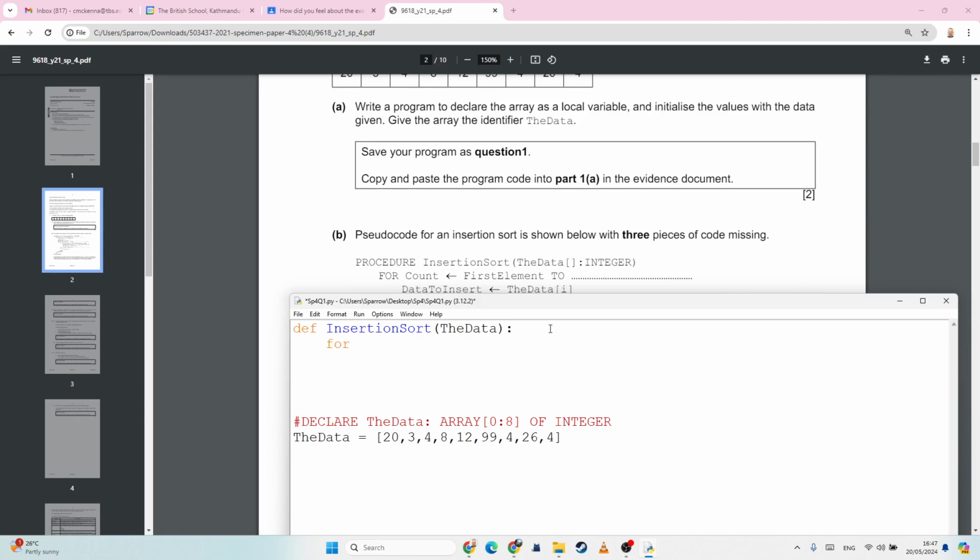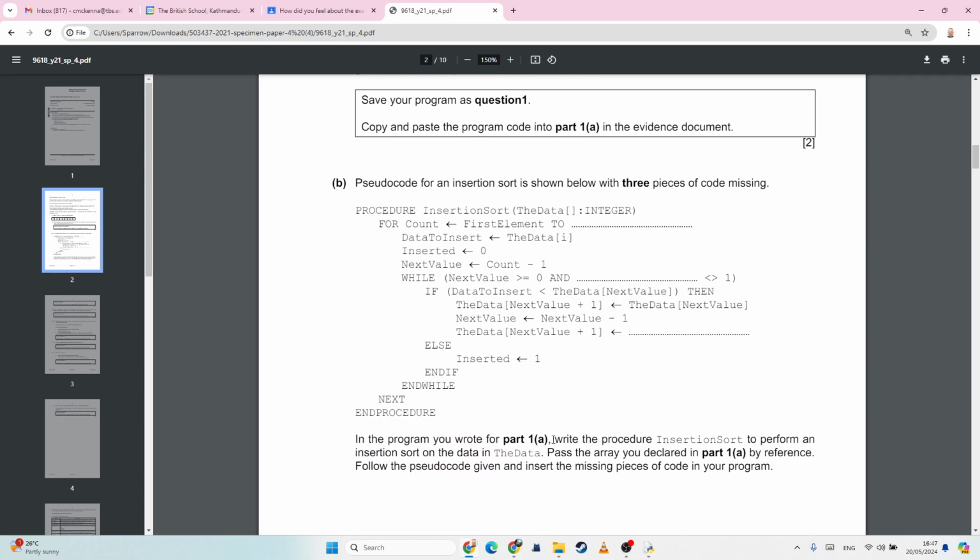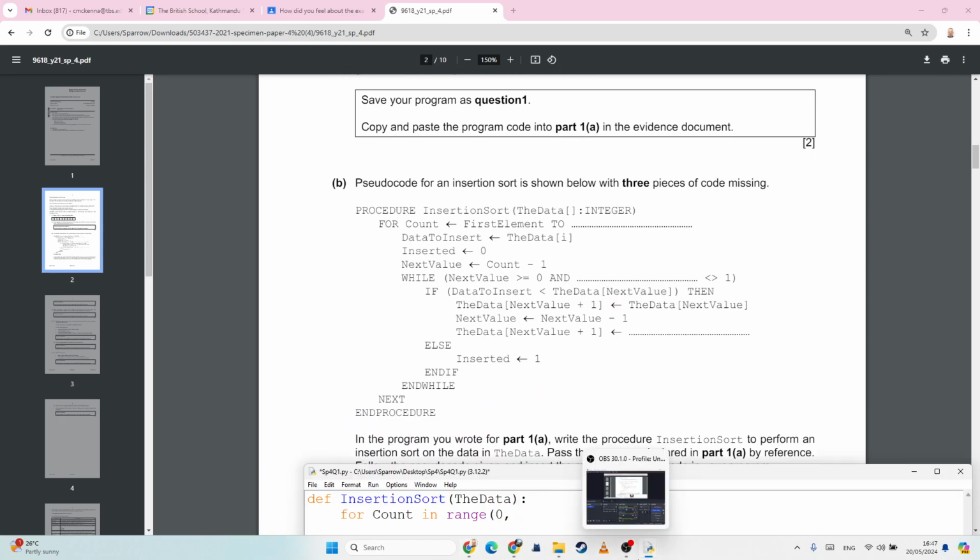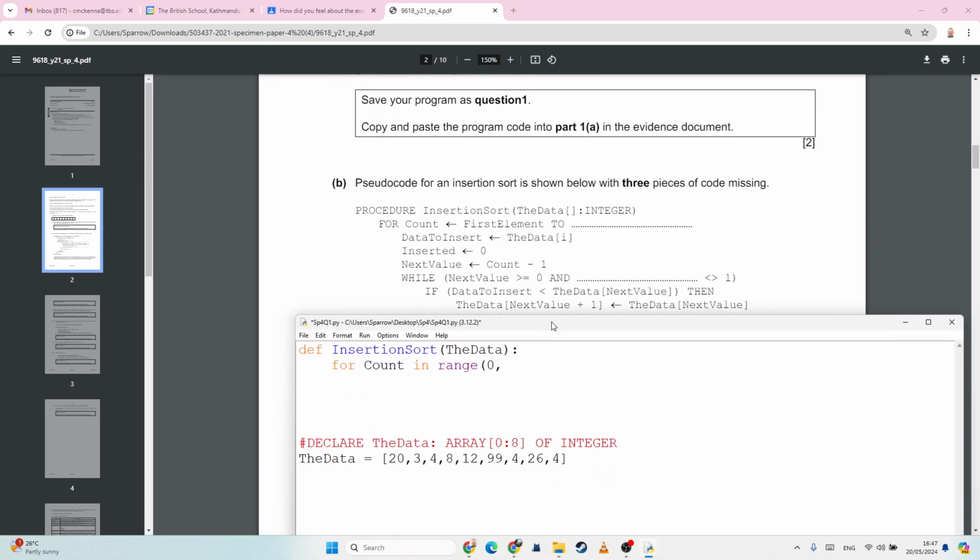Okay, and then we said for count in range, and it's going to be from the first element, which is 0, to the length of the array, which is the data. So we're going to go from 0 to the length of the data.